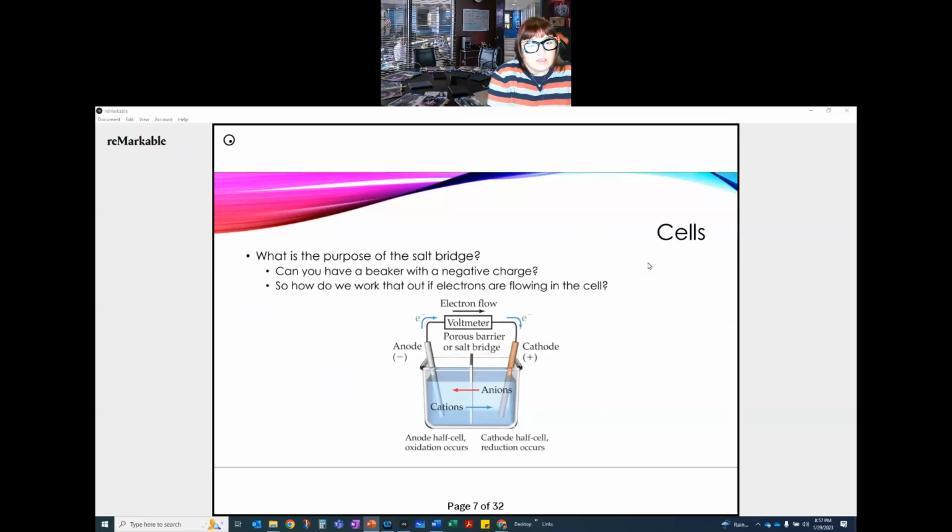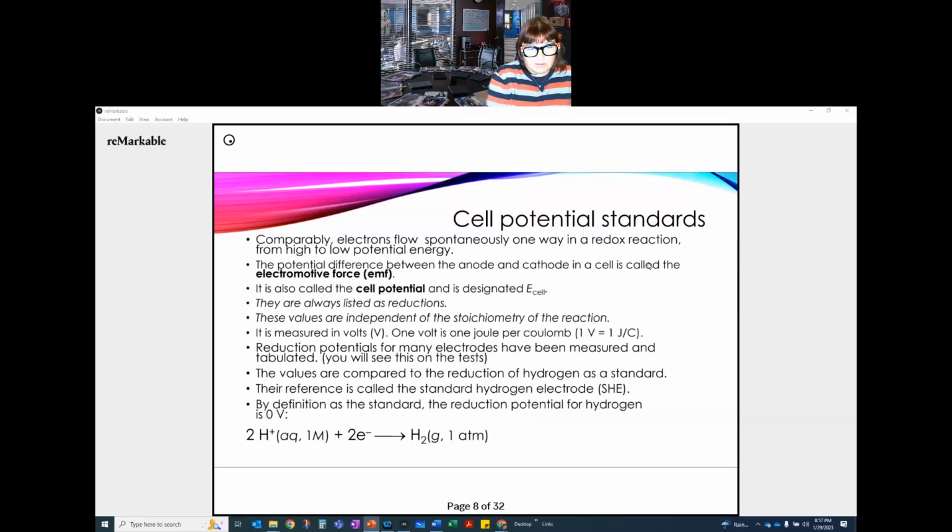We talked about this last time: electrons cannot flow if we generate a net charge on either side, be it positive or negative. That won't happen, so the reaction will not occur without some charge balance.